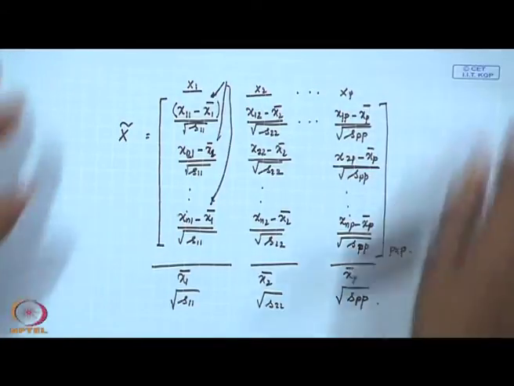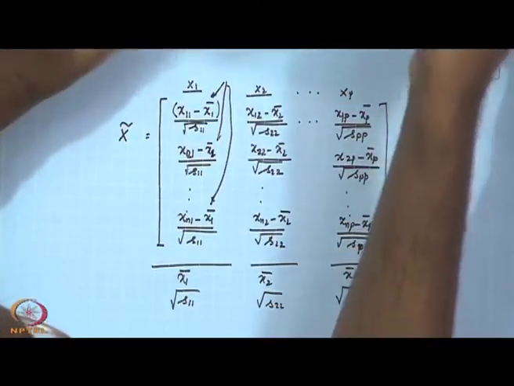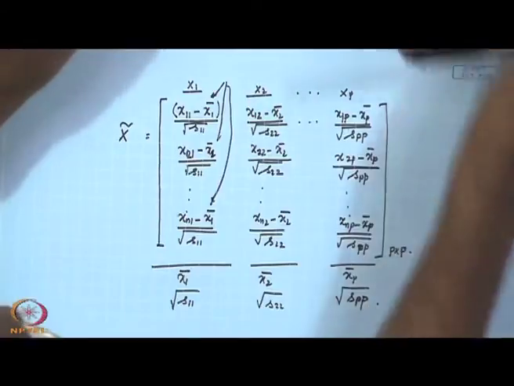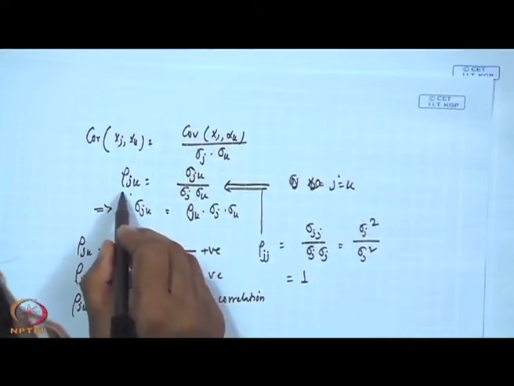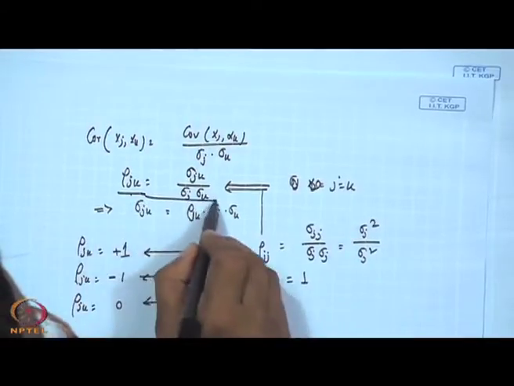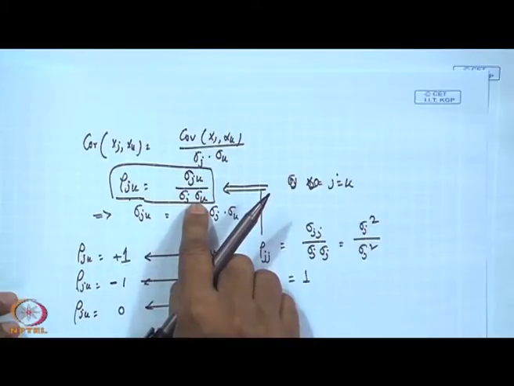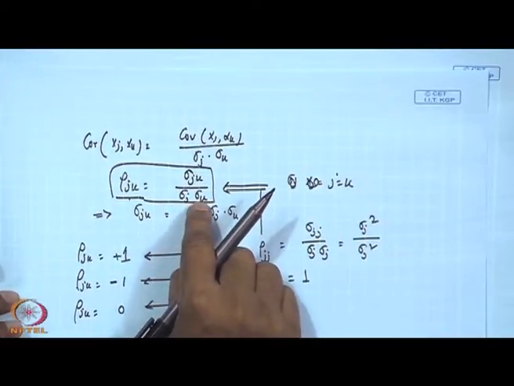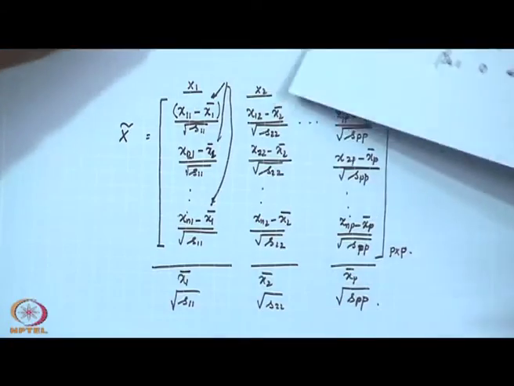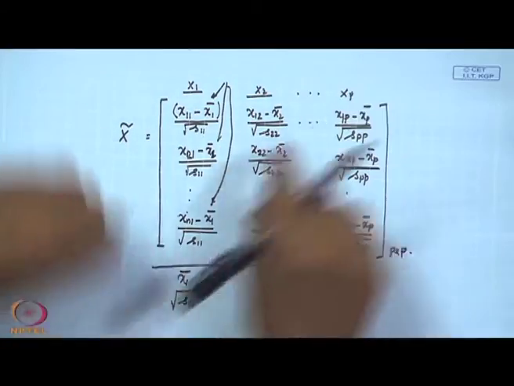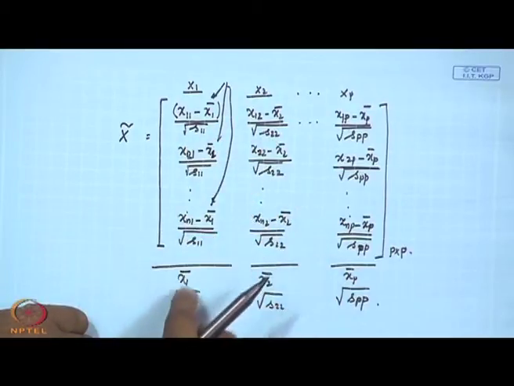So, if you see the covariance and correlation relationship, you have found that for jk, the covariance component is divided by the corresponding standard deviations. To achieve this, we are now dividing each observation by the corresponding standard deviation.